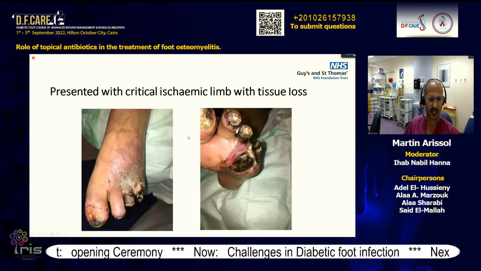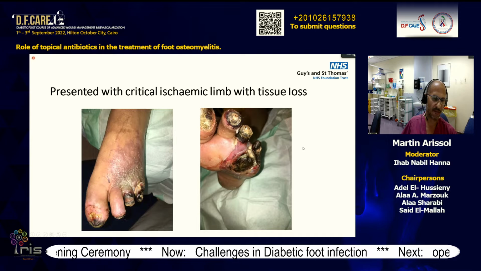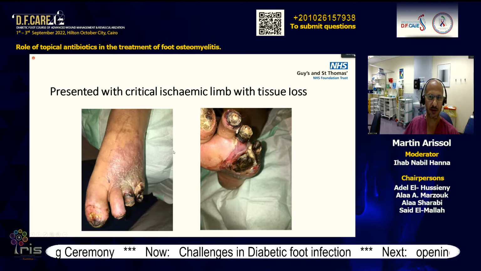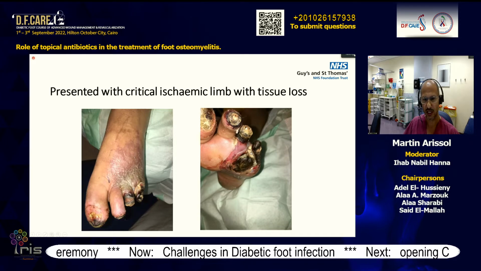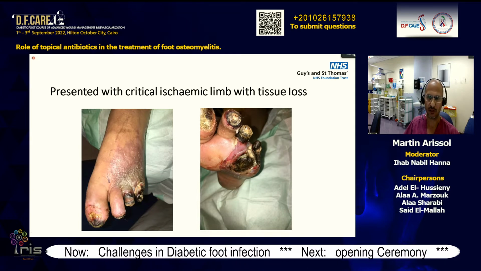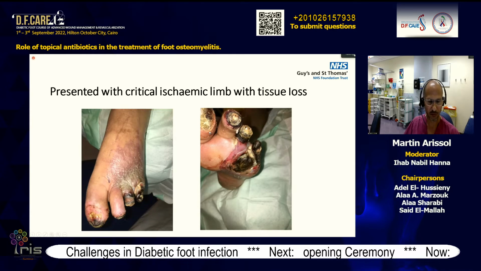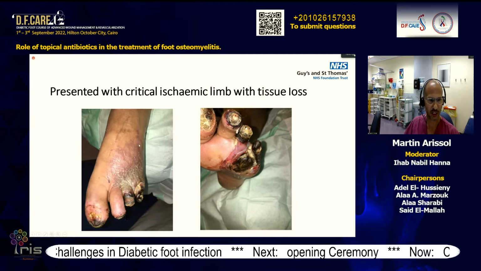So this lady presented to us in the clinic with a left foot, critically ischemic limb with lots of tissue loss. I think she had an infection emanating from this fourth toe amputation site, which was previously amputated but obviously hadn't fully healed.